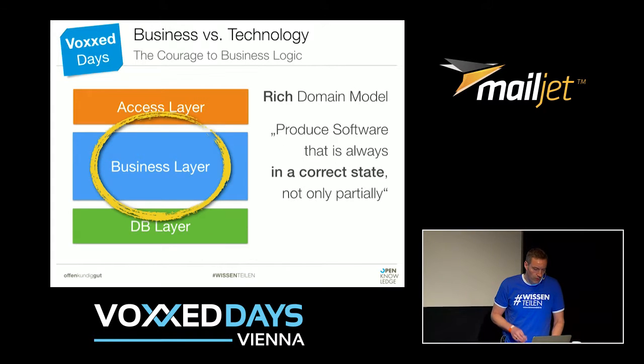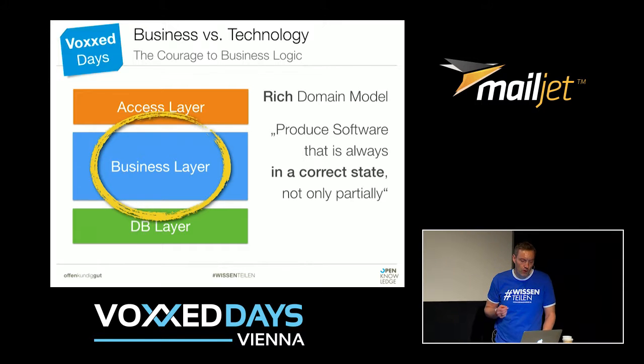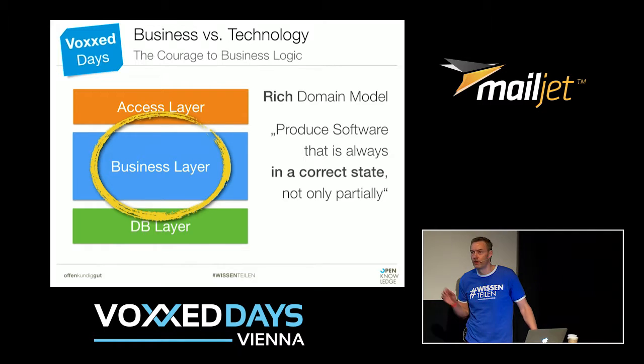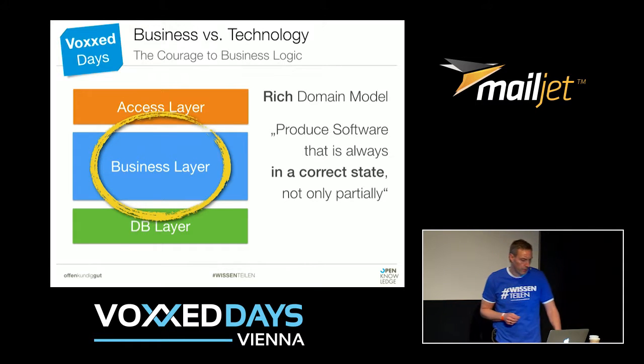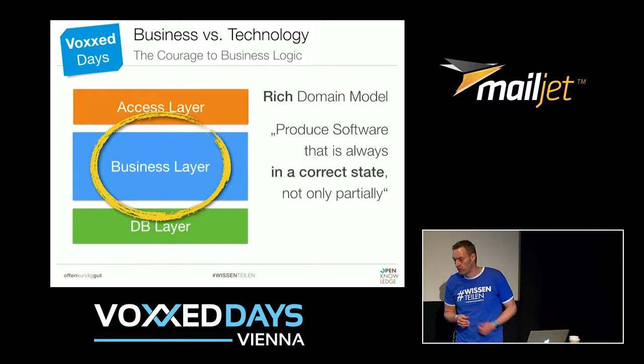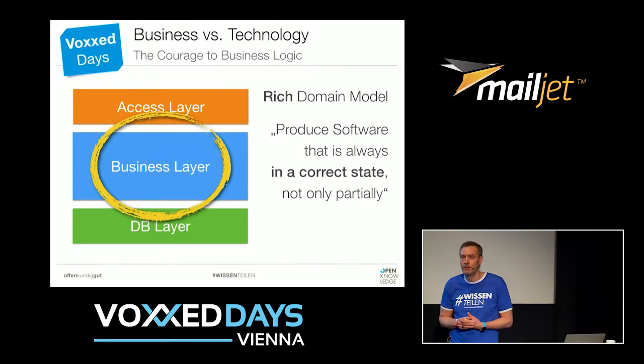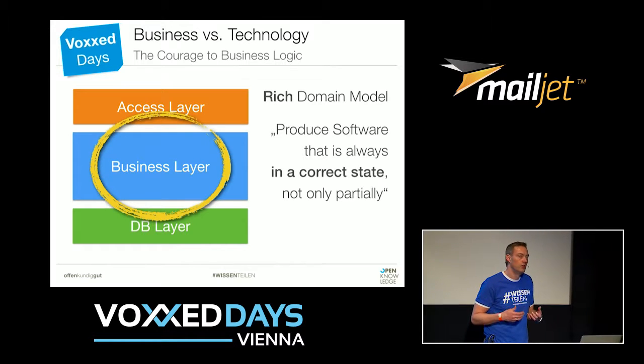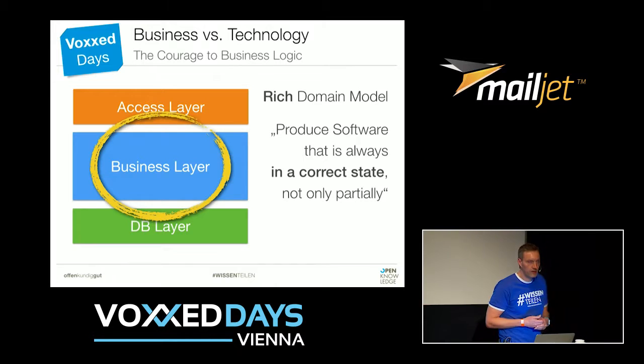And what we also want is to produce software that is always in a correct state, not only partially. And this is a very, very important point. For example, when it comes to frameworks like Java EE, you have something like bean validation, and bean validation helps you to keep your model consistent.